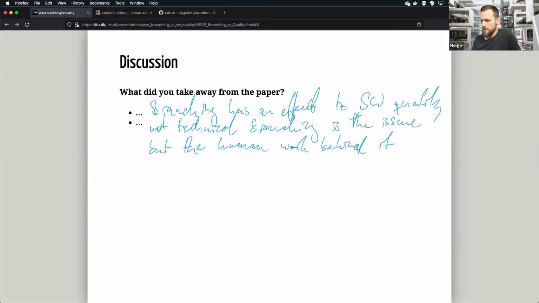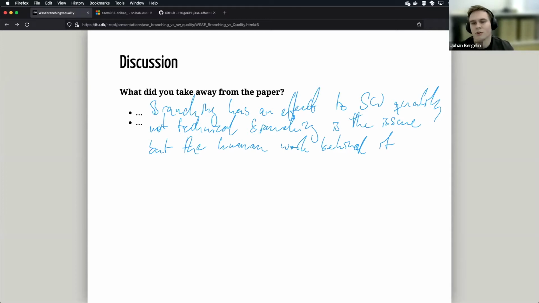Anything else? Yes, can I answer? Yeah. So when I read the paper, I got the feeling that branching was something you sort of expected, something you need to do in these projects, but that you haven't perhaps evaluated how you should do the branching. That was something they found as an issue, that we haven't really evaluated how the branching should be done.